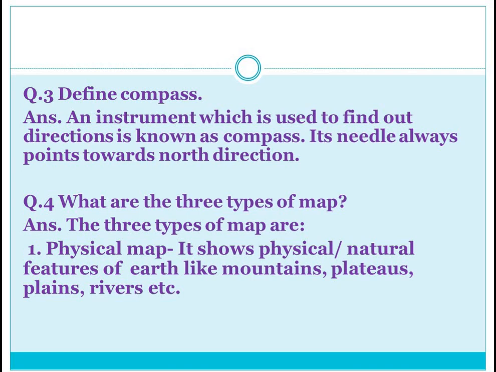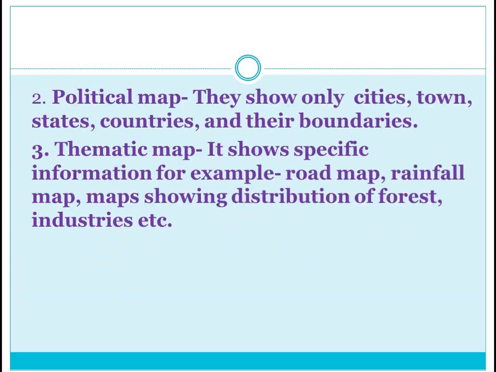Question number 4: what are the 3 types of map? The 3 types of map are: physical map, which shows physical or natural features of the earth like mountains, plateaus, plains, rivers, hill ranges, etc. Second is the political map. It shows only cities, towns, states, countries, continents with their boundaries.